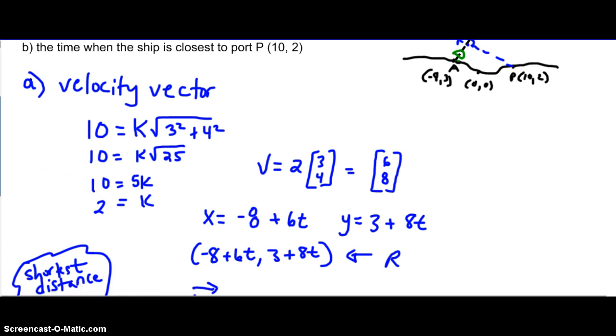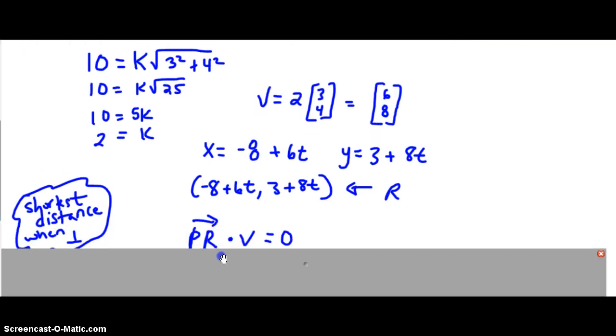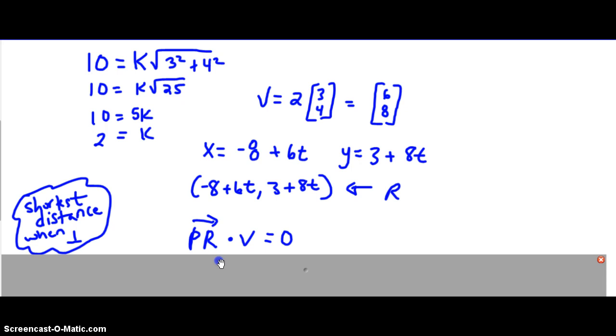And then again, when we're finding the shortest distance between a stationary point and a moving object, we want to find when they're perpendicular. So we'll set their dot product equal to 0.